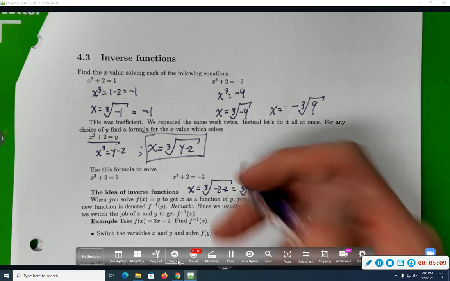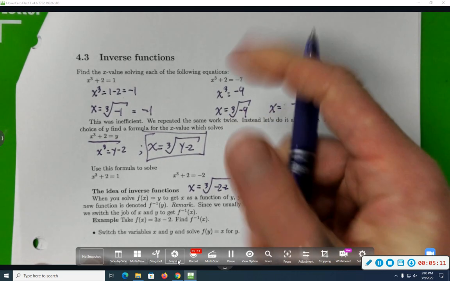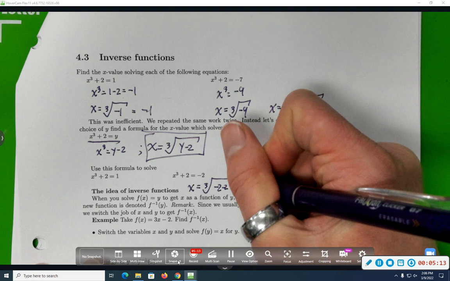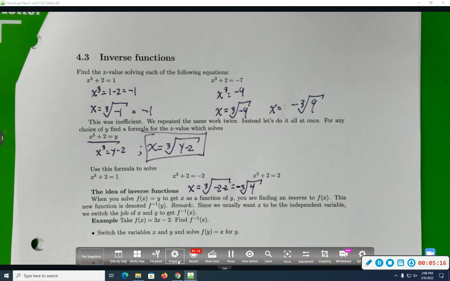Yeah, I lost the negative sign. Thank you. Negative the cube root of 4. People feel okay about this? Does that make sense?